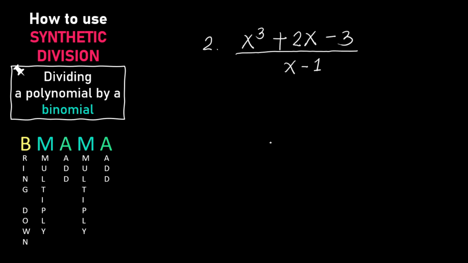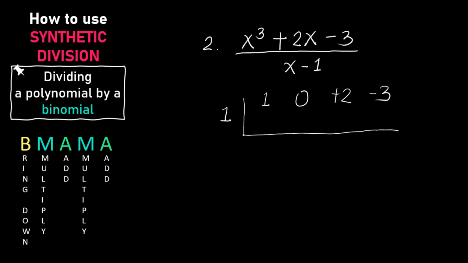x cubed plus 2x minus 3 divided by x minus 1. As you notice, we are missing one term, and that is the second degree term. In this case, we have to rewrite this, knowing that the numerical coefficient of x cubed is 1, and because we don't have a second degree term, it is considered 0.